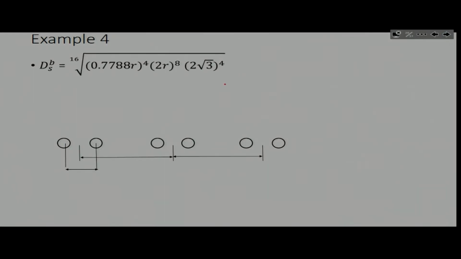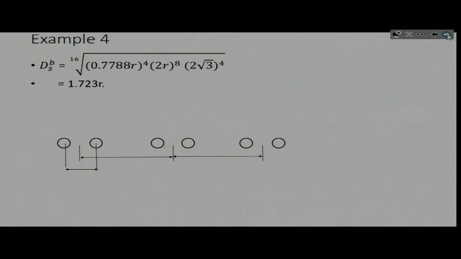And therefore we have 0.778 R to the cube. 2R, there's 8 of them. Remember, it's from A to B and A to C and A to D, back and forth. And then the square root of 2R squared plus 2R squared is 2 square root 3 R. So therefore, if we calculate it, we get 1.723 R.